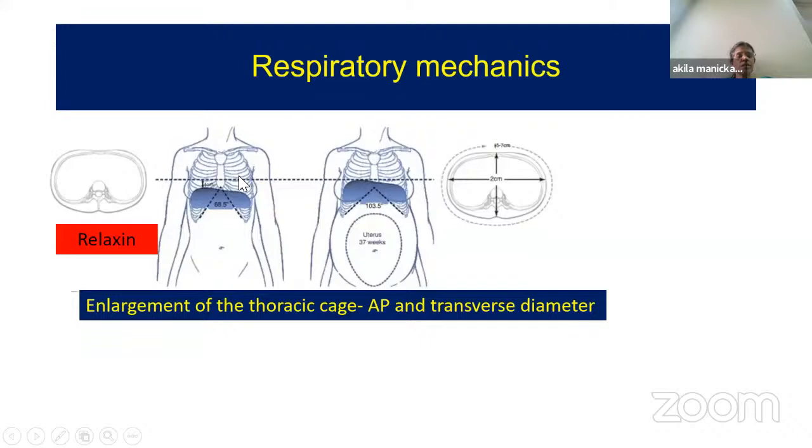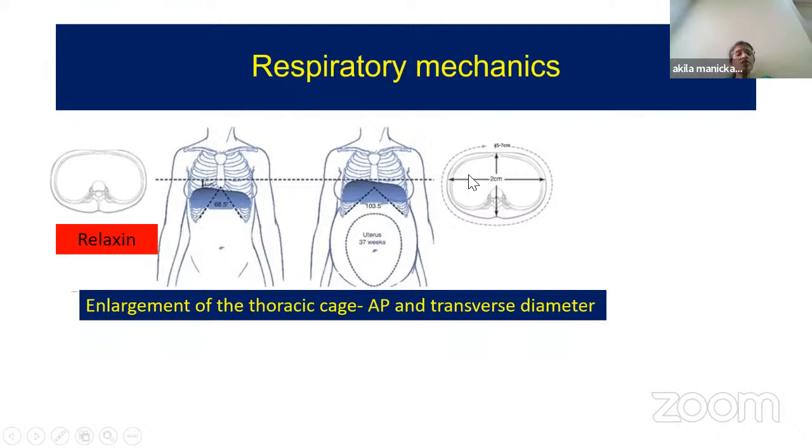This enlargement occurs because the hormone relaxin relaxes your ligaments, your sternocostal ligaments. So the bucket handle movements are enhanced. One is there is elevation of your diaphragm from below, and the second thing is relaxin relaxes these ligaments, and so the AP and transverse diameters get increased.